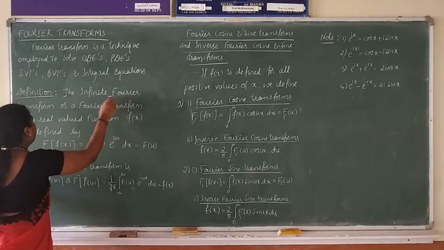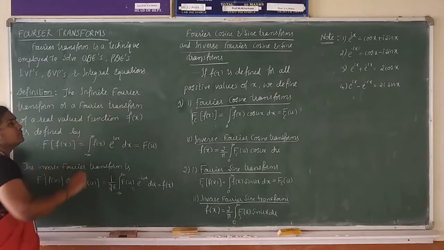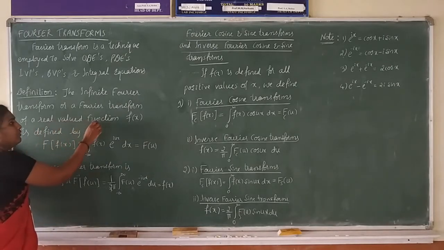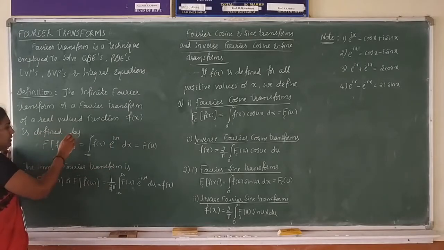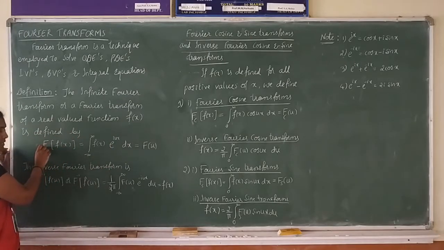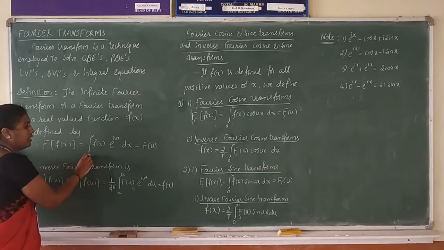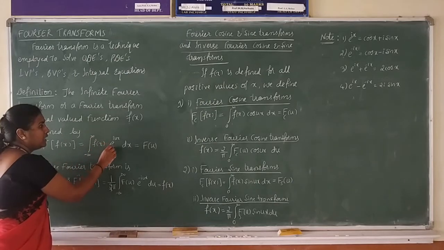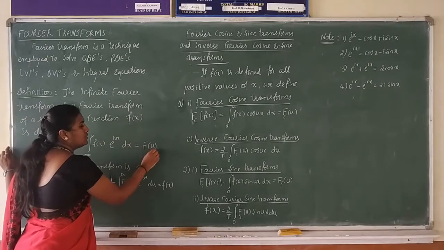The infinite Fourier transform, or Fourier transform, of a real valued function f of x is defined as follows. The Fourier transform of f of x is equal to the integration from minus infinity to infinity of f of x into e to the power iux into dx, that is equal to F of u.